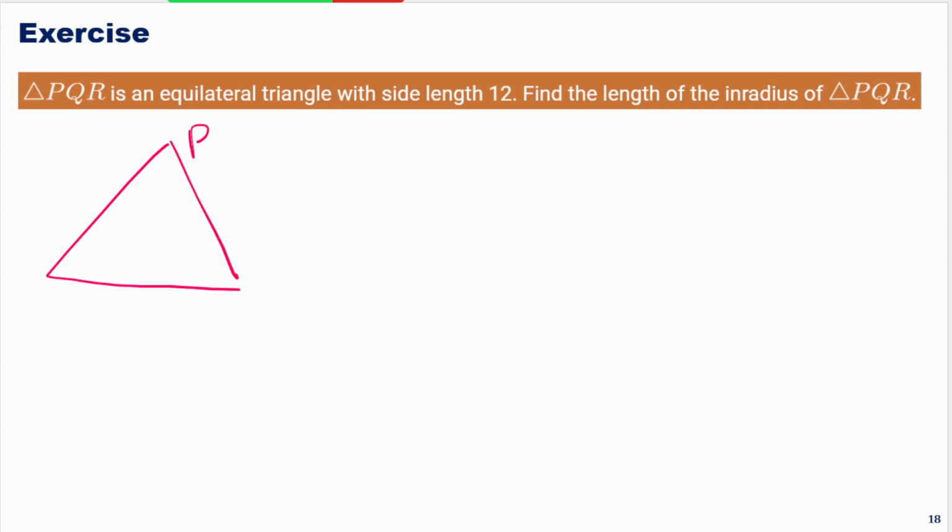We have a triangle PQR here. An incircle of that triangle is here. Apparently, the incenter is the intersection of 2 angle bisectors.